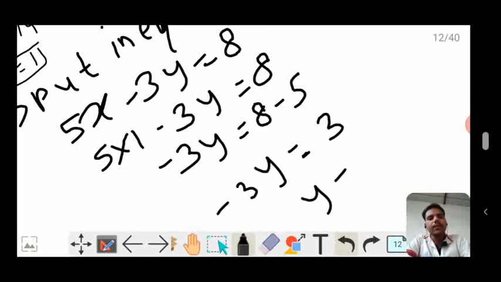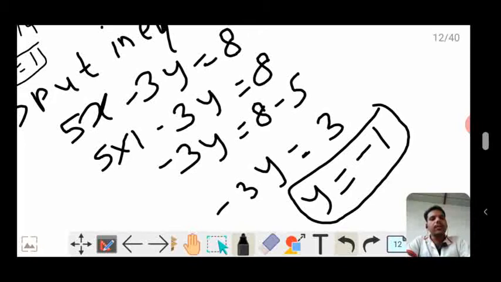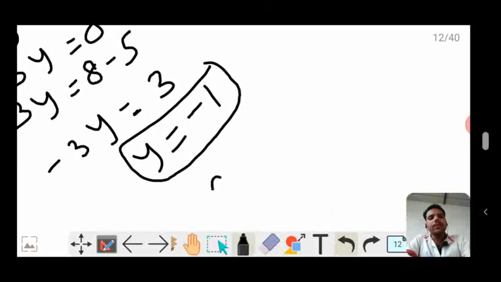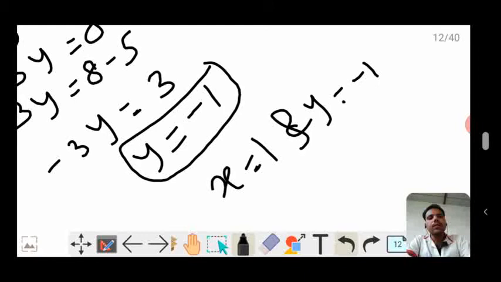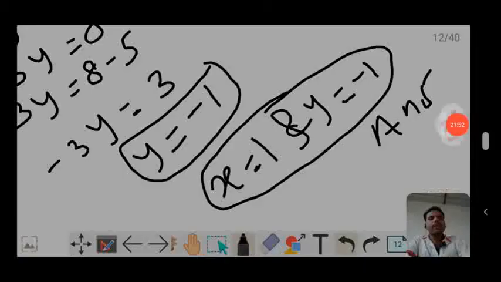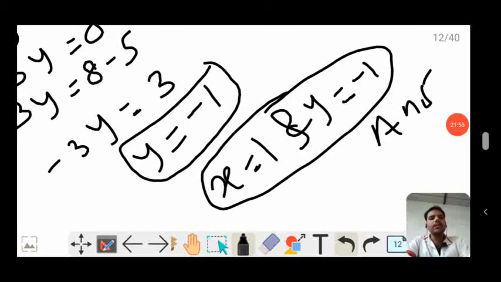So the value of y is 3 divided by minus 3, that is minus 1. We have solved this simultaneous equation, and the solution is x is equal to 1 and y is equal to minus 1. This is your final answer by the method of elimination.